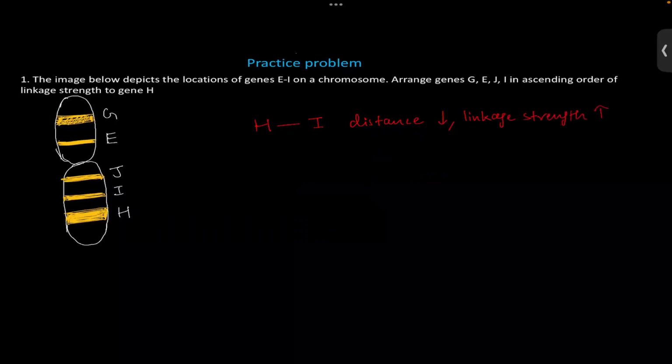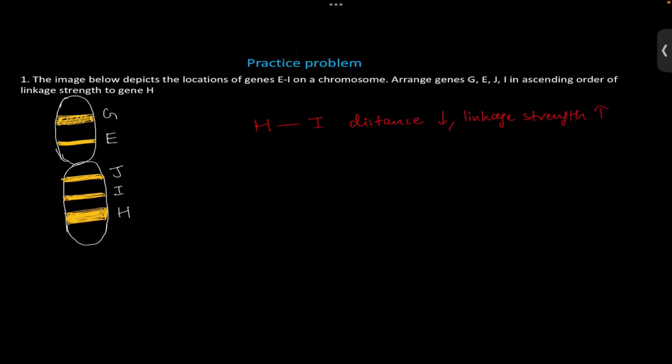Using this principle, we have to arrange the genes G, E, J, I based on the ascending order of linkage strength. Ascending order means low to high.